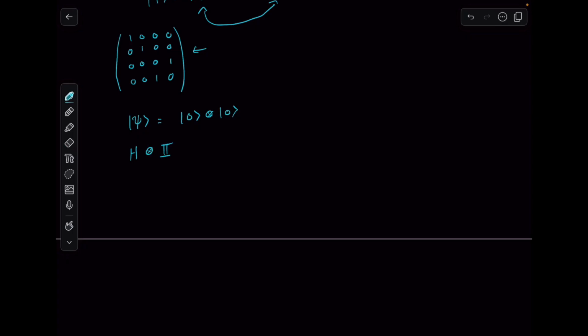So what I'm going to say is Hadamard tensor identity, which means Hadamard on the first qubit, nothing to the second. And when this acts on our state psi, we're going to get this equally weighted superposition of 0 and 1, tensor 0.